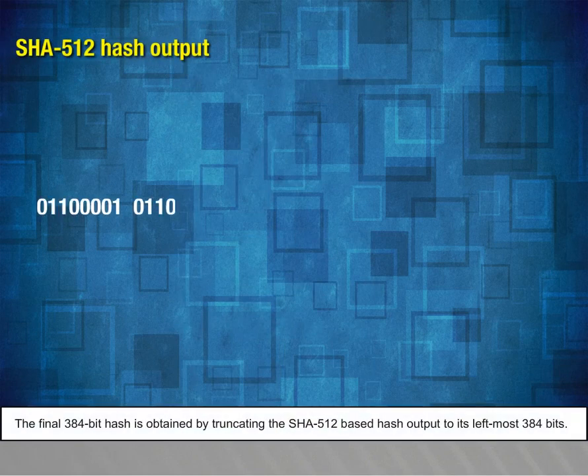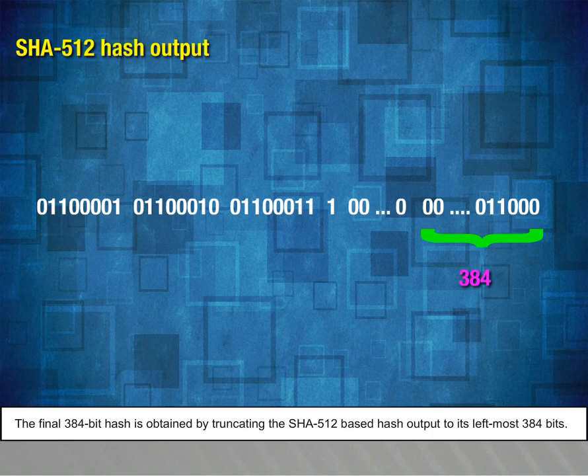The final 384-bit hash is obtained by truncating the SHA-512-based hash output to its leftmost 384 bits.